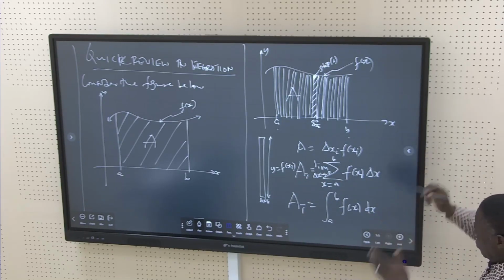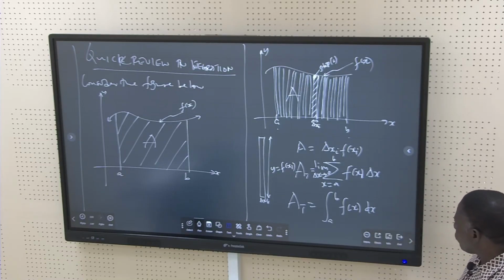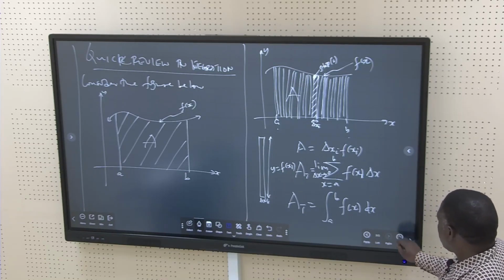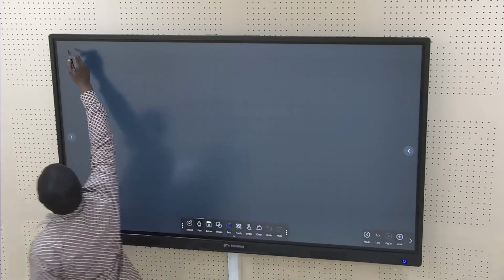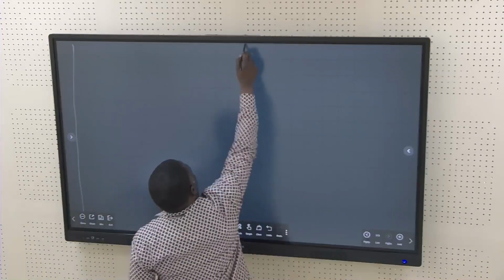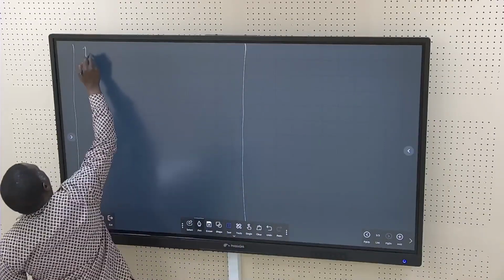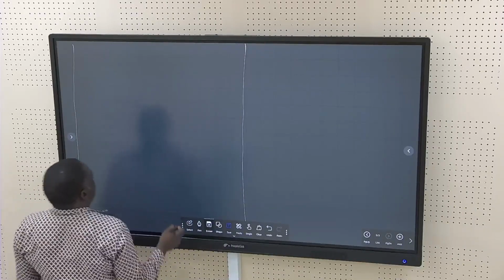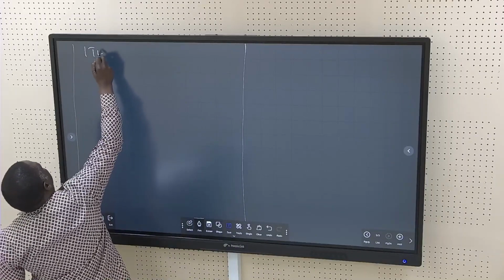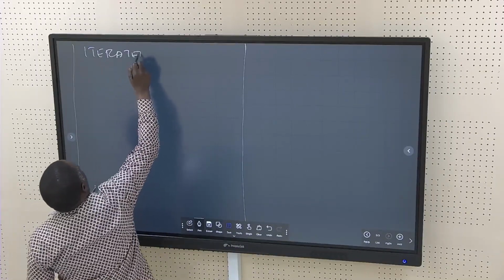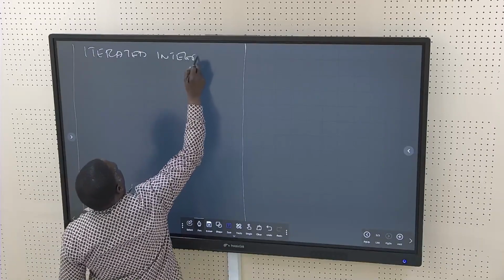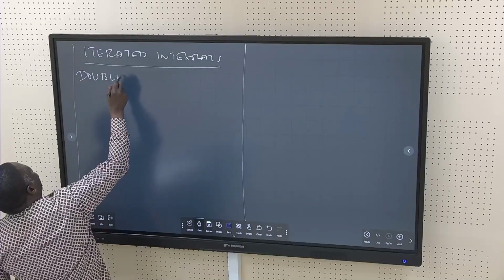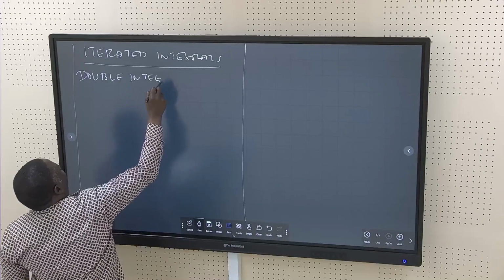So now going to the iterated integrals, we start with double integrals.